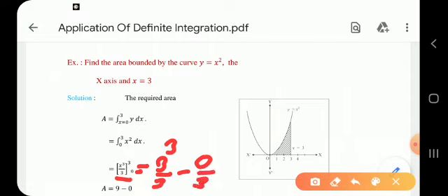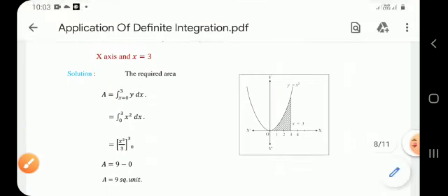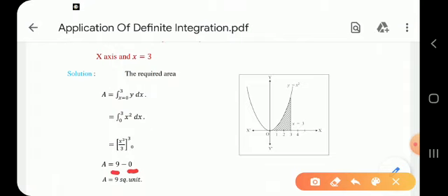Now we know 3 cube is 27 and 27 upon 3 is 9. So we get 9, then minus 0. 9 minus 0 is 9. So the area is 9 square unit.